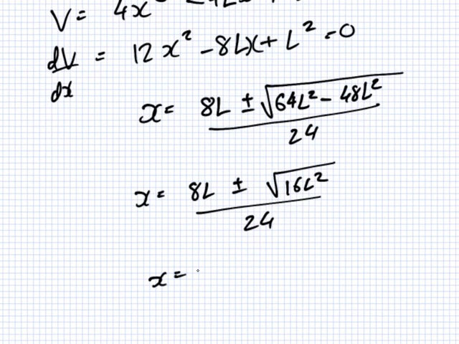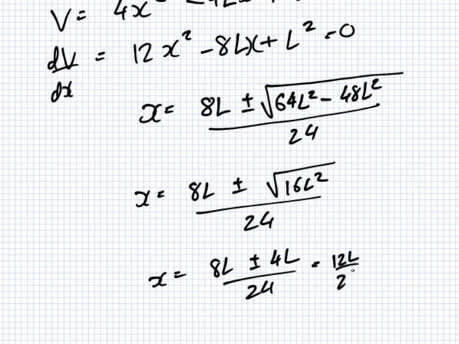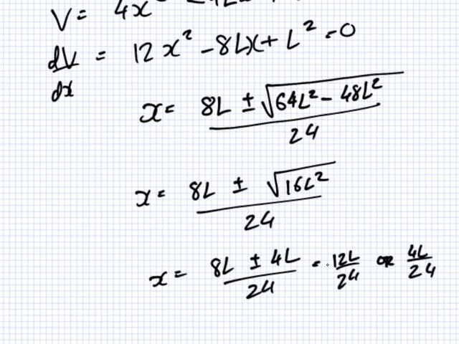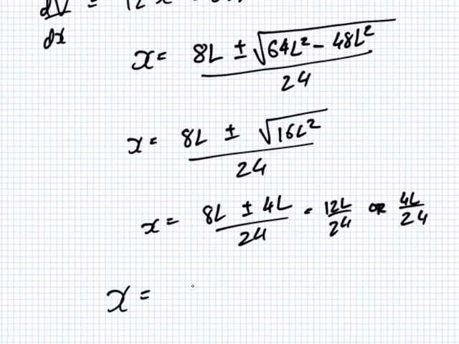That means x equals 8L plus or minus 4L over 24. So that will be 12L over 24 or 4L over 24. So x will equal either a half of L or a sixth of L. So we either cut off a half or a sixth.